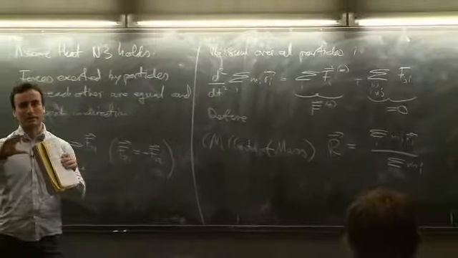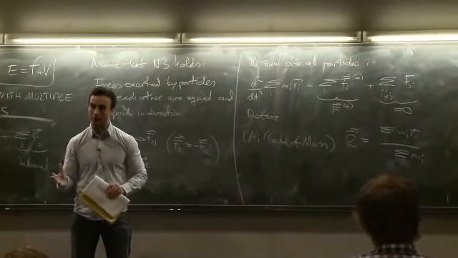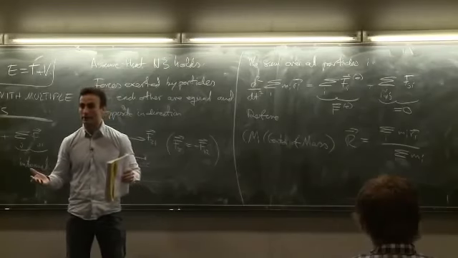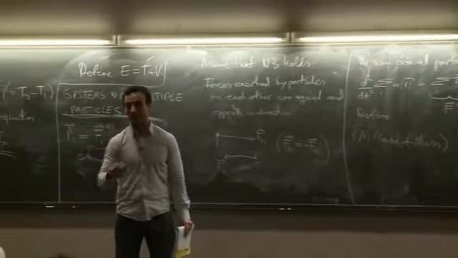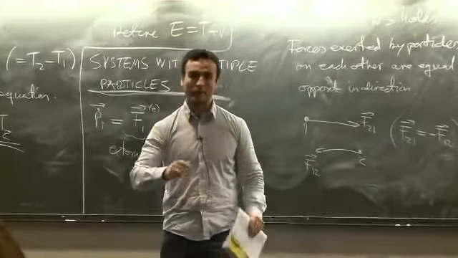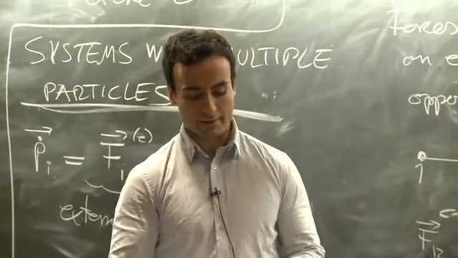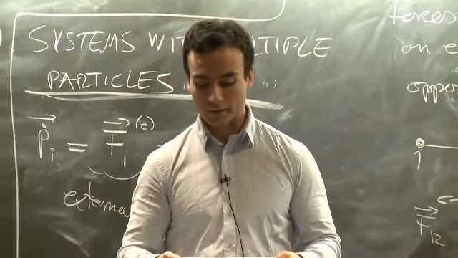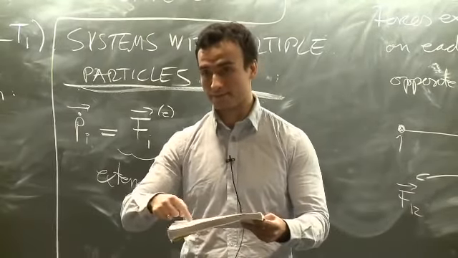If you have an object where the mass is homogeneously distributed, so the mass is uniform in terms of density, then the center of mass position is simply the middle of the object. But if you have an inhomogeneous object in terms of mass distribution, for instance, if this compendium was heavier on this side than this side, then the center of mass would be somewhere here.